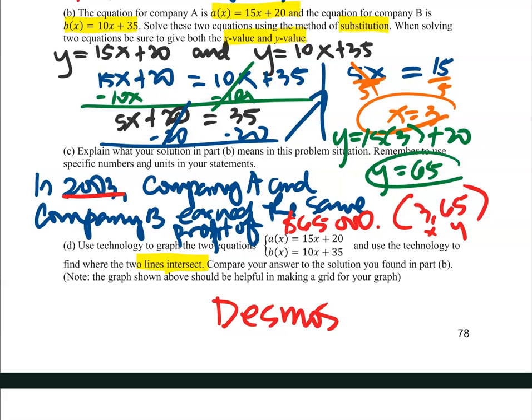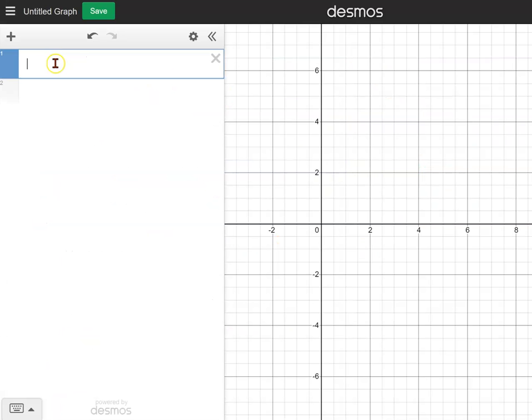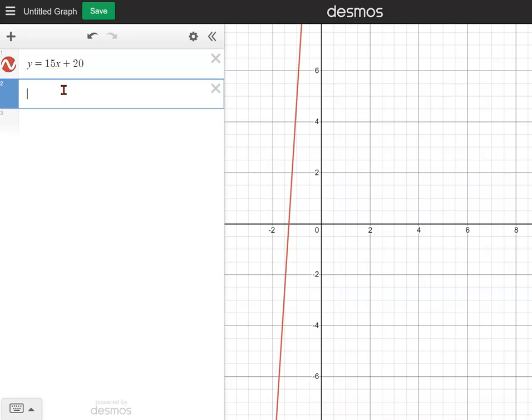All you have to do is go to desmos.com and enter y equals 15x plus 20 and y equals 10x plus 35.